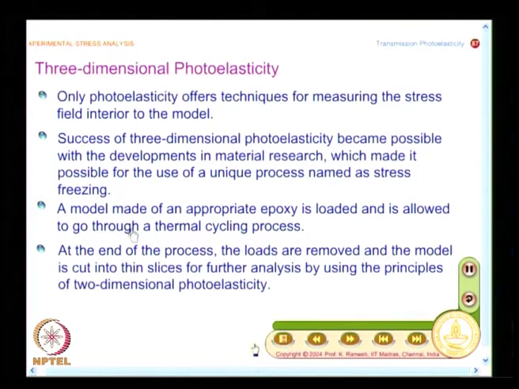So, what you find is the model goes through a thermal cycling process with the loads applied, and at the end of the process the loads are removed and the model is carefully cut into thin slices. That is very important. If you do not slice it properly, the process of slicing can introduce machining stresses. That should be avoided. You have to be very careful in doing it.